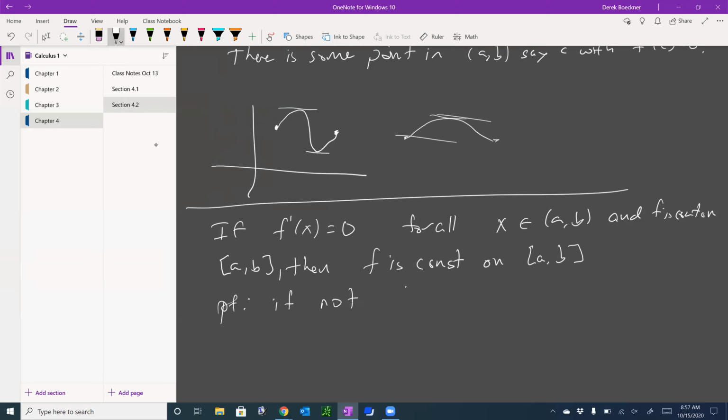If not, then there would be a secant line with non-zero slope.